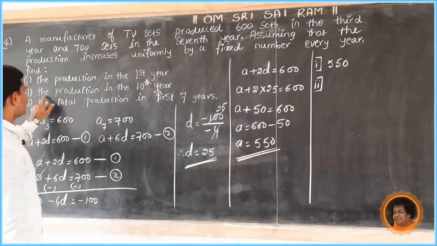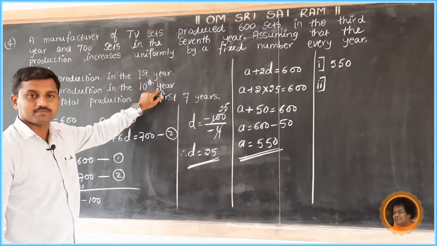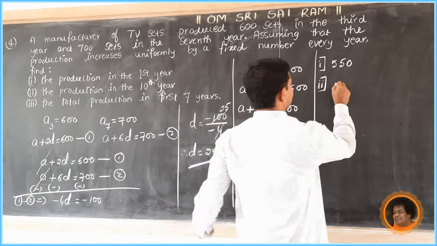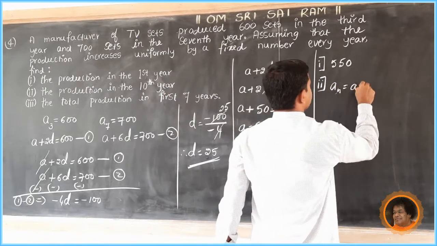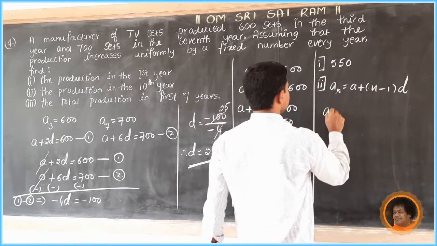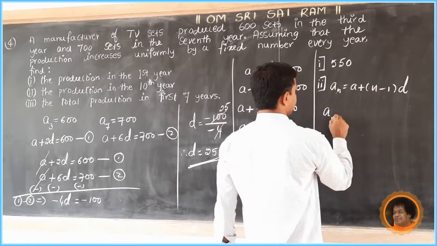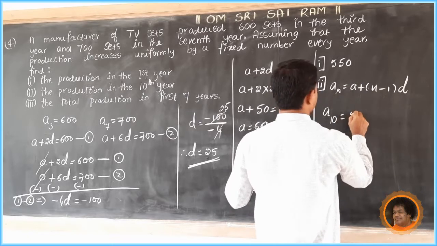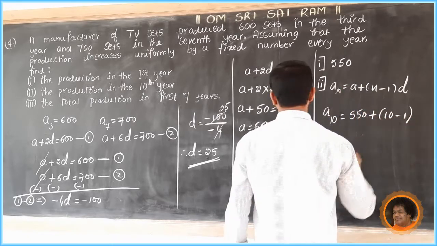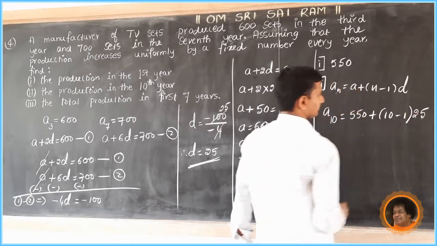The second question: the production in the 10th year. Production in the 10th year means n equal to 10. So, the formula: an equal to a plus (n minus 1) into d. an means the 10th year, so a10 equal to the first term 550 plus (10 minus 1) into d, 25.